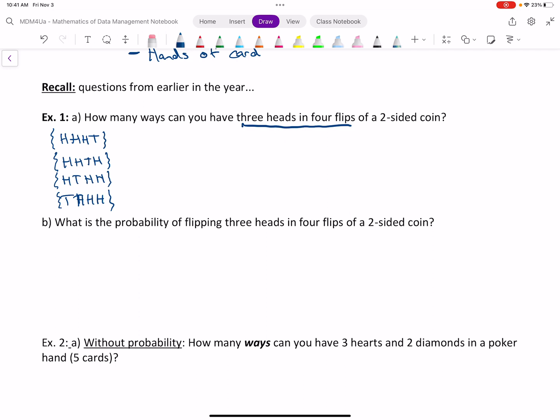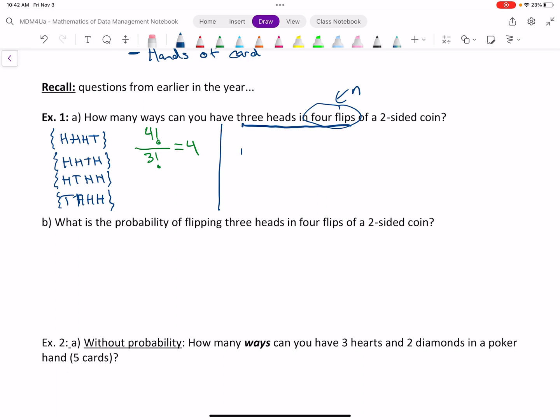Now, in the first lesson of the second unit, we talked about having four letters, H, H, H, T. How many ways can you rearrange those letters? We had 4 letters, but 3 of them were repeating. That's 4 factorial over 3 factorial, which gets you 4. You can think of this in several ways. This is really the same as having 4 total items, in this case 4 flips. That's n.